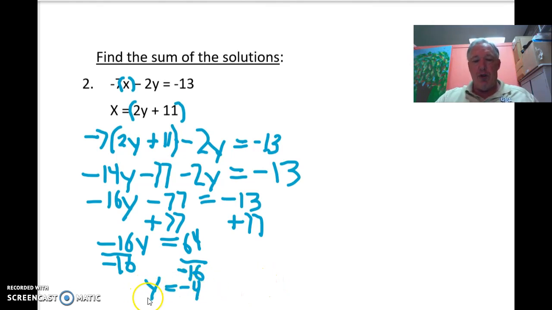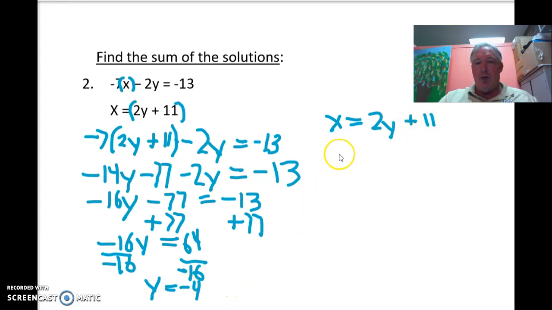Remember before, once we found out what y was, we plug it back into the equation to then solve for x. So here we had x is equal to 2y plus 11.